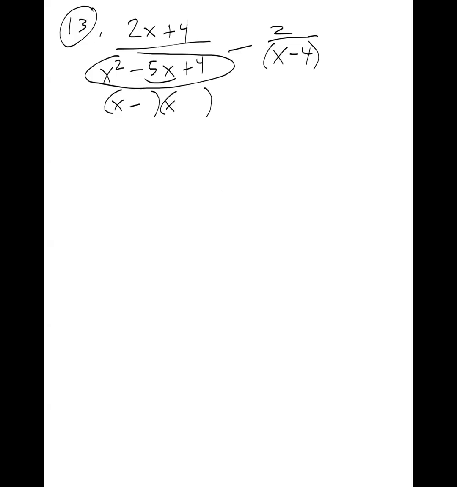A negative and a negative make a positive, and a 1 and a 4 makes a 4. So 4 times 1, but what if I made them both negatives? Yes, that would work. That makes -5 and multiplies to make +4. So then we have 2x plus 4 all over x minus 4 times x minus 1, minus 2 over x minus 4.